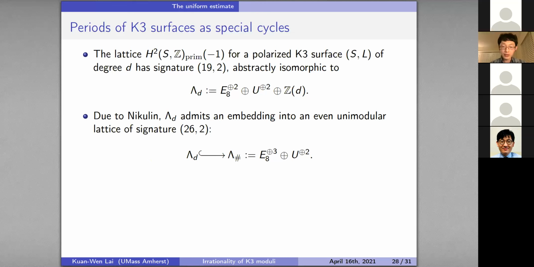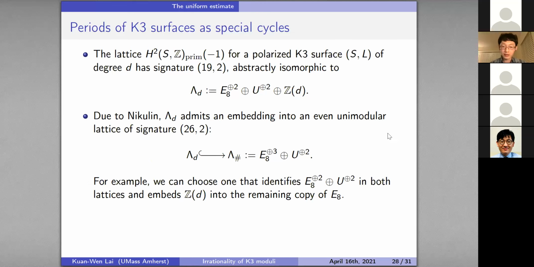It's not unique. For example, you can choose an embedding that identifies the two copies of E8 in both lattices, and also the two copies of the hyperbolic lattice, and then choose some embedding of the rank 1 part into the remaining copy of E8. There are many different ways here. And this is also by Nikulin.